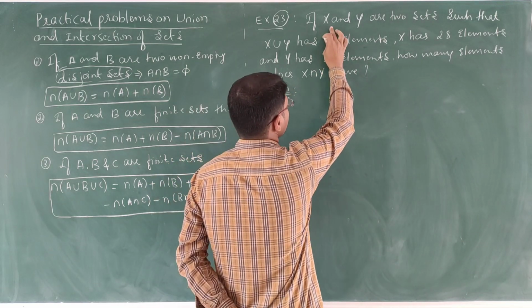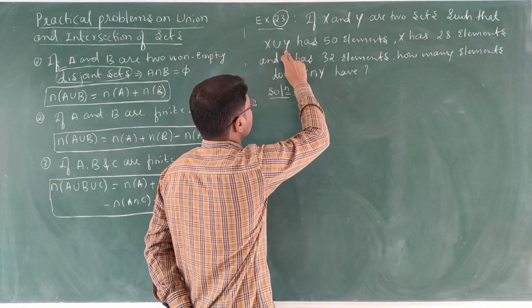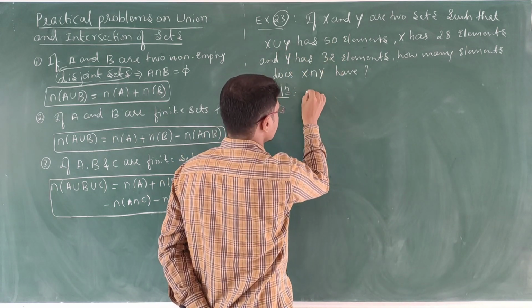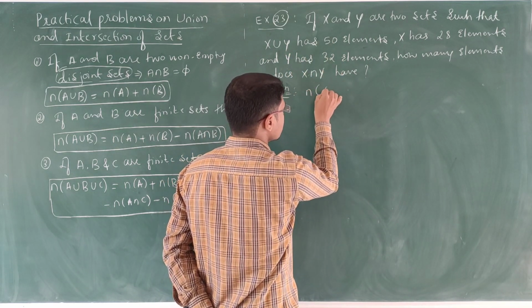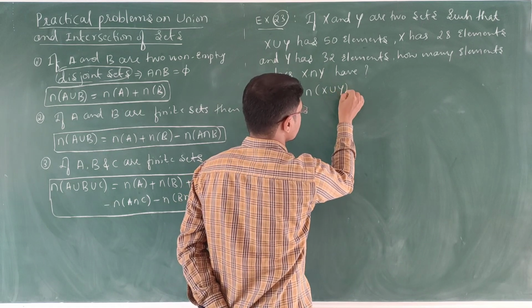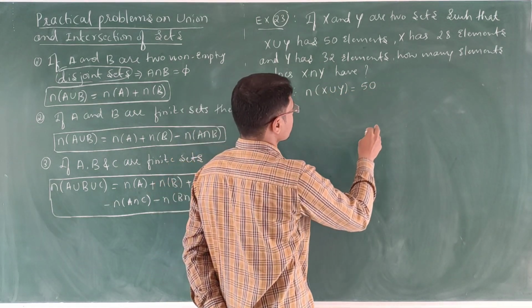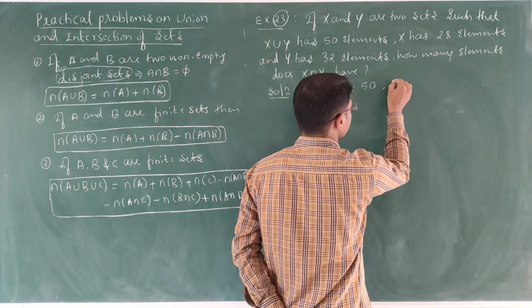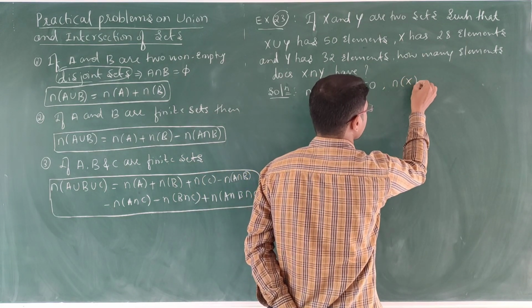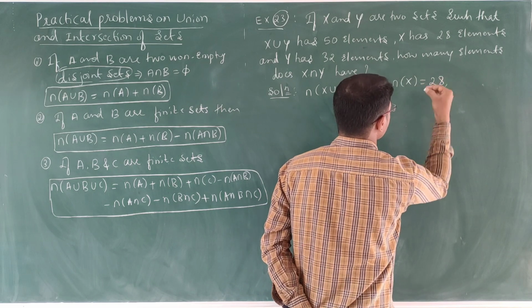X and Y are two sets such that X union Y has 50 elements, that is, the number of elements in X union Y is equal to 50, given. Next, X has 28 elements, meaning the number of elements in set X is 28.